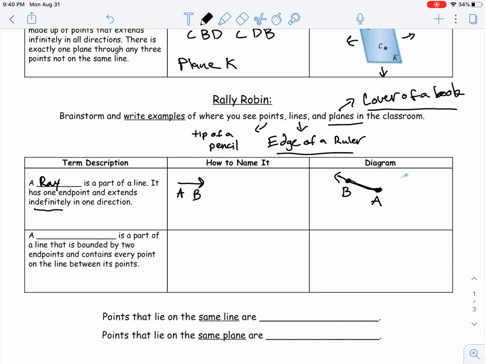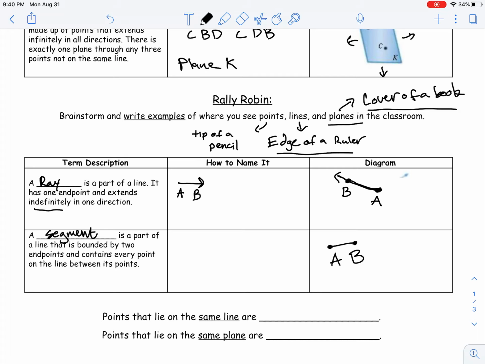And that's how I would define that. Let's continue. The next one is a segment. A segment is a part of a line that is bounded by two endpoints and contains every point on the line between its points. So a segment would look more like this. Two points like this, connected by what looks to be a line, but I can't really call it a line because it doesn't go on forever.